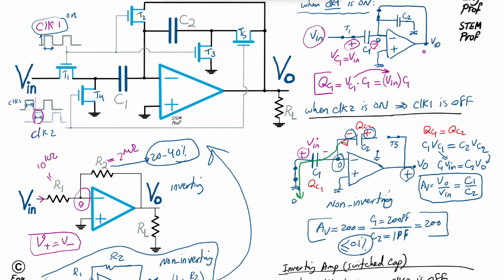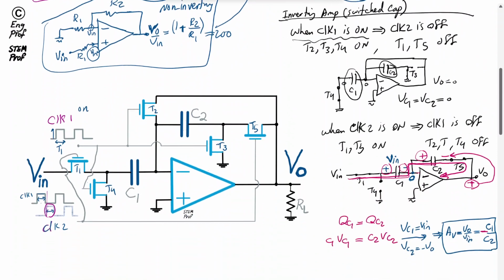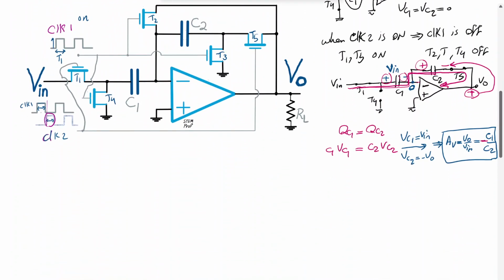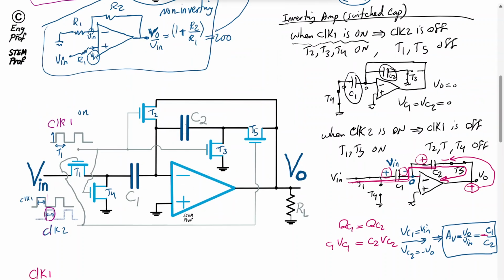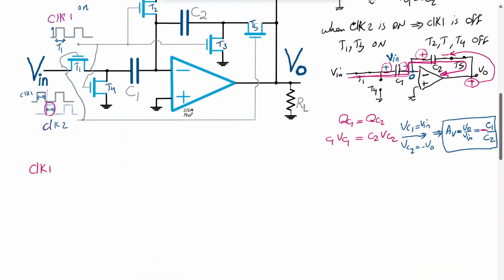Effectively, we are realizing a switch capacitor based resistor. So it's like this. During the time, let's say this is clock 1. I'm going to show you clock 1 in a magnified view. So during the time that we have clock 1, it looks like this in a magnified view, and it keeps going on.